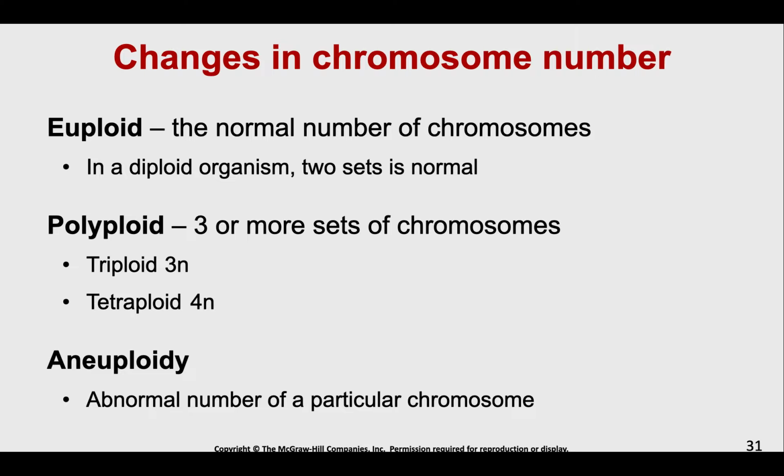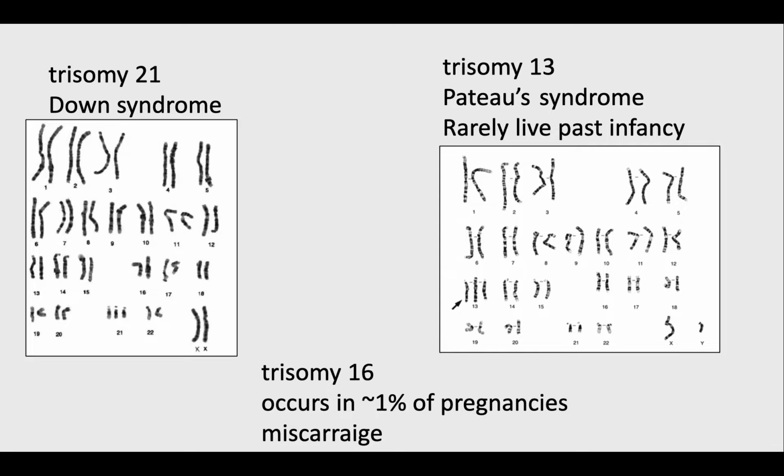We can also have individuals that exhibit aneuploidy, an abnormal number of a particular chromosome. This is actually fairly common to see. For example, with trisomy 21, notice we have 3 homologous chromosomes instead of the normal 2. That shouldn't happen. Something has occurred here, and when this happens, we get somebody with Down syndrome.